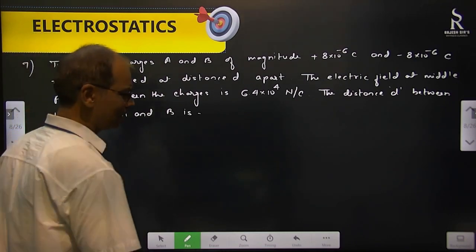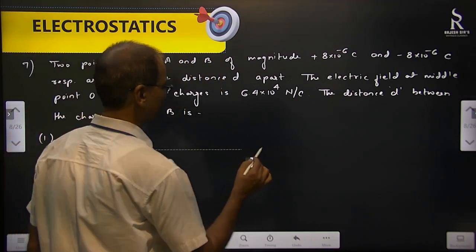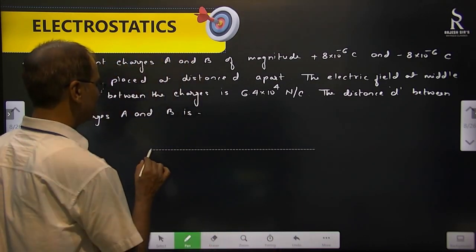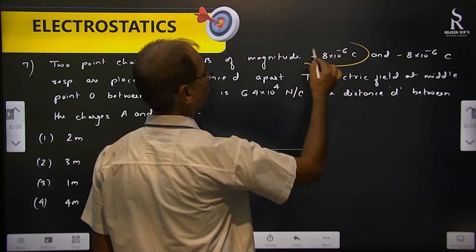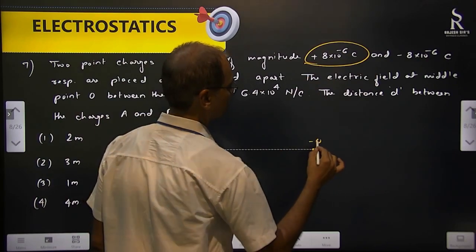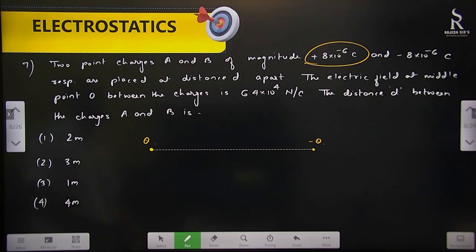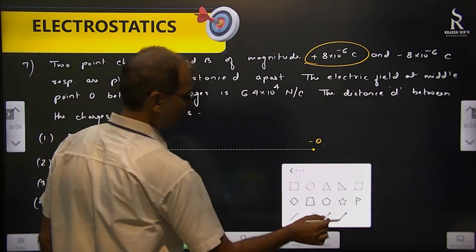So many times we have done this question, like equilibrium of charges. So here is Q, its value is 8 into 10 to the power minus 6, and here is minus Q. Both are of the same magnitude, so one is Q, one is minus Q. What he says is they are placed at distance d, so the separation between them is d. Okay, no problem.